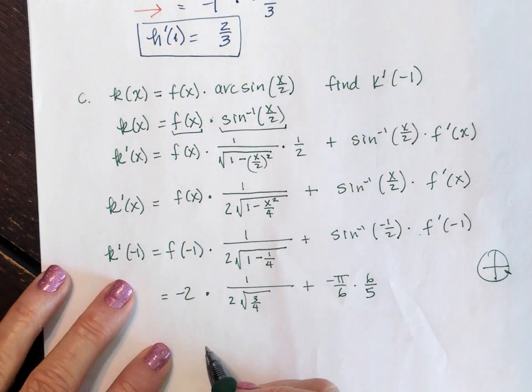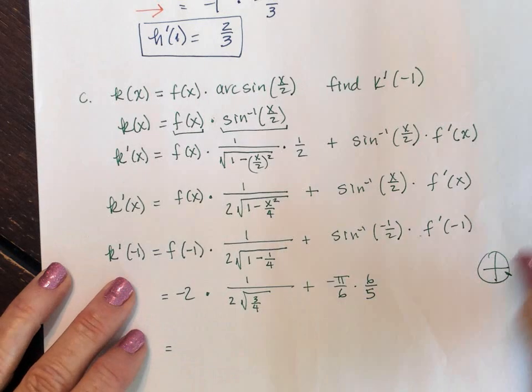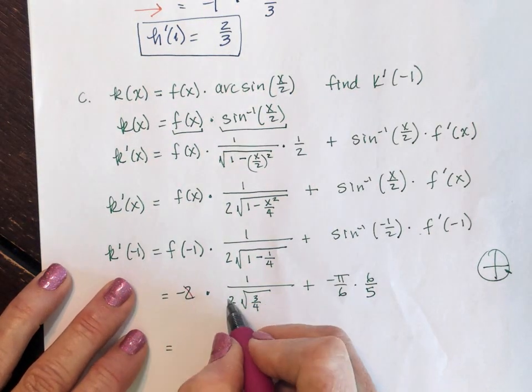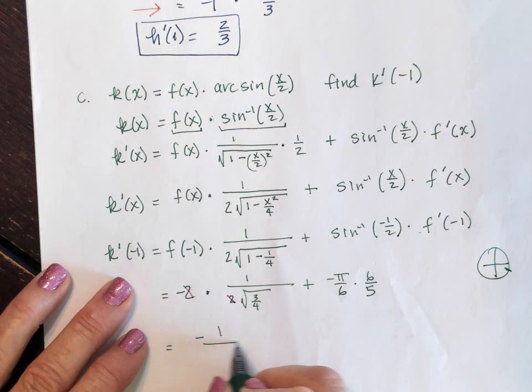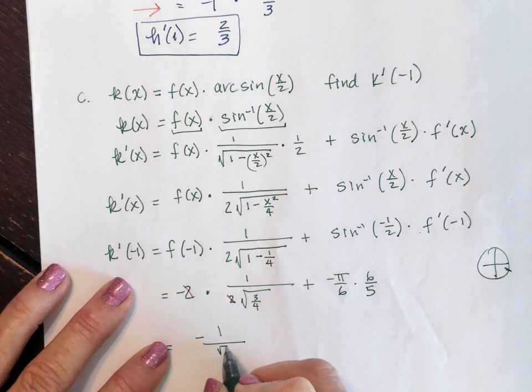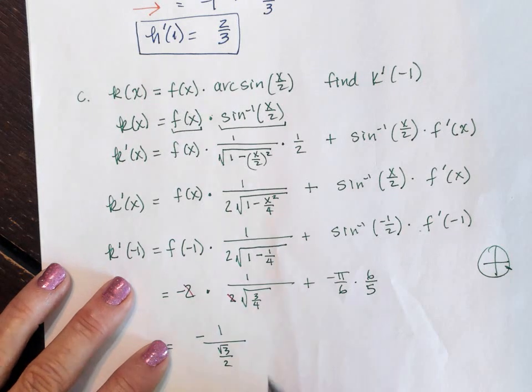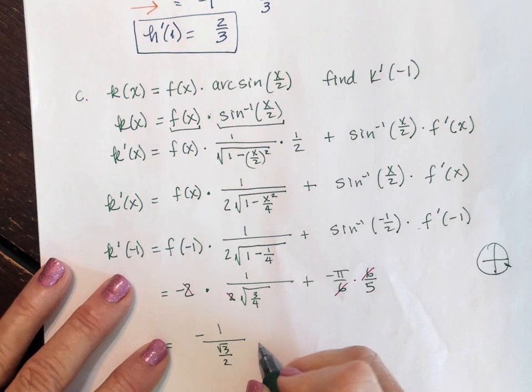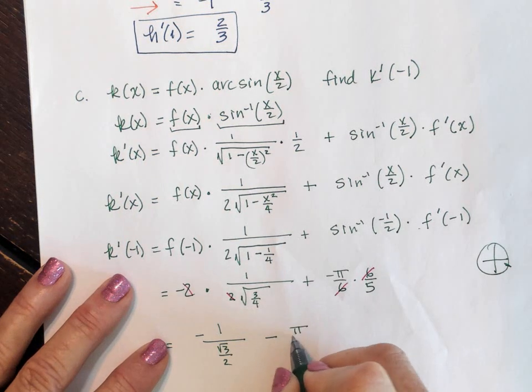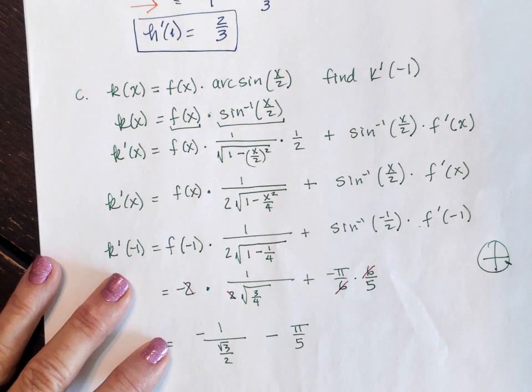And then, oh goodness, what can we do here? This 2, that 2, we're going to divide out. So we have negative 1 over the square root of 3/4, square root 3 over 2. And then over here, the 6's divide out. And we'll have minus pi over 5.